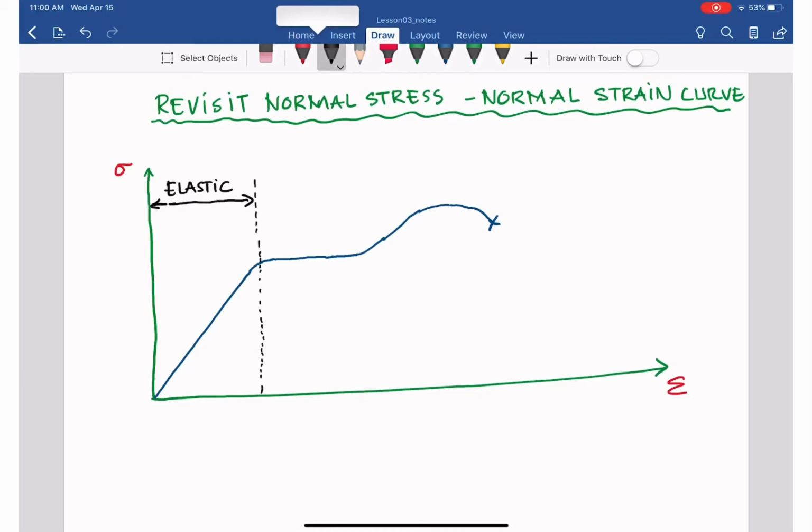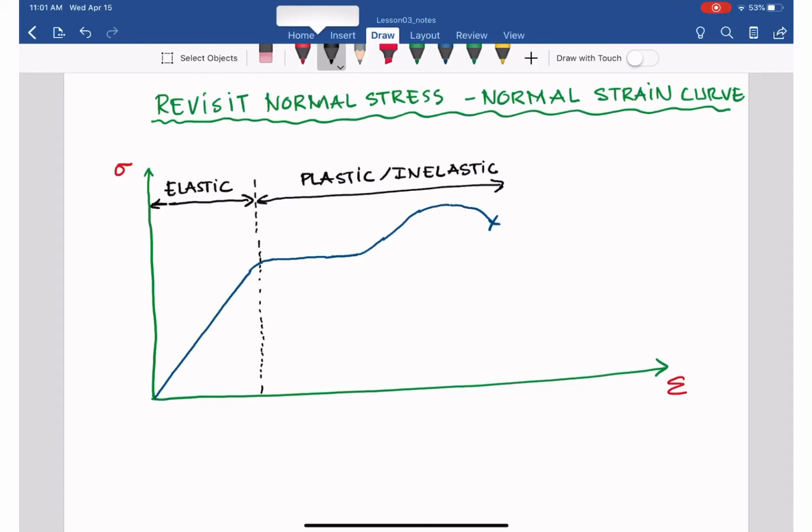When it's elastic, it means that when you release the stress, the material will go back to its original form. Now, if we keep increasing the stress, past this point, it will be plastic. When the material is in the plastic region, even if you release all the stress applied, the material cannot get back to its original form.